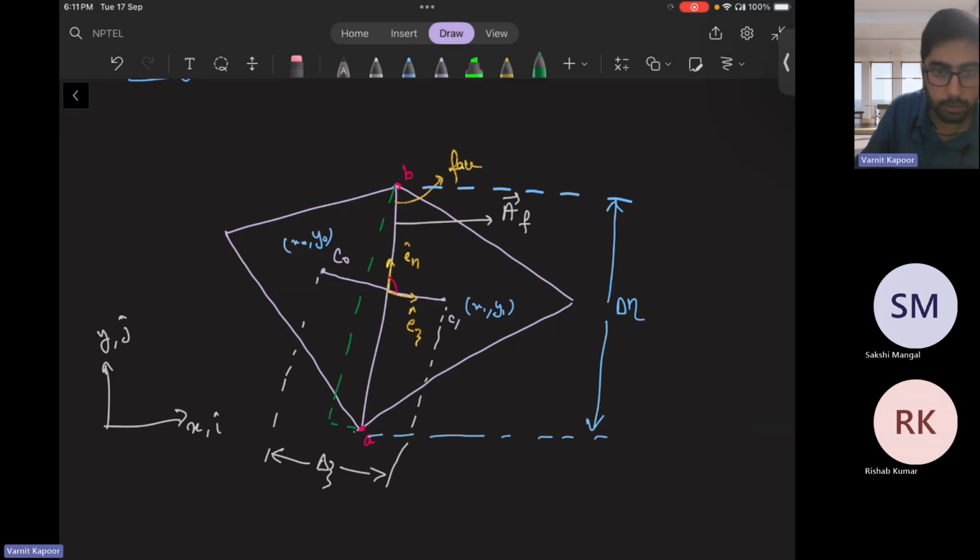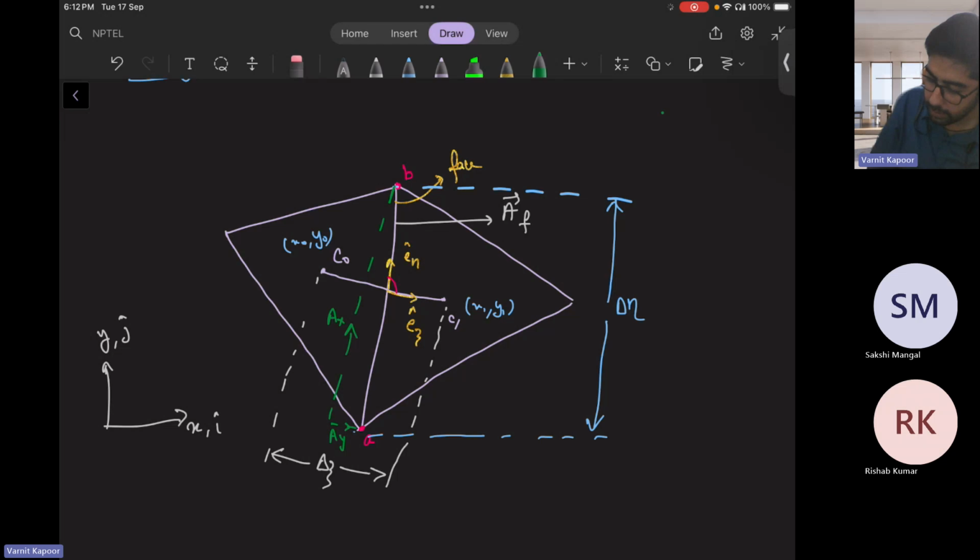One is AX and this is AY. AX doesn't mean A times X, it's the area component in the direction of X. This face is being decomposed, and in the direction of Y the face is being decomposed.